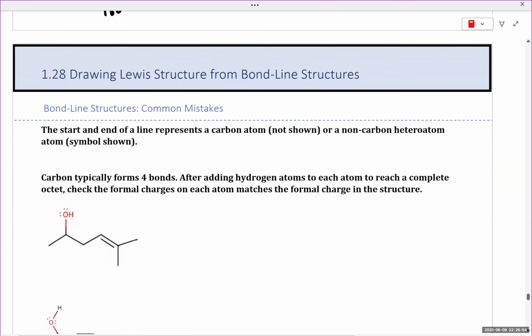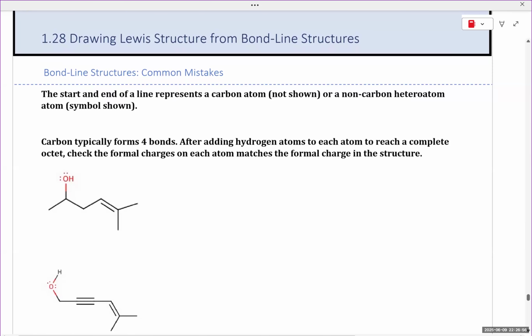In terms of drawing Lewis structures from bond line structures, there are a few common mistakes. Carbon typically forms 4 bonds. So after adding hydrogen atoms to each atom to reach a complete octet, please make sure to check that the formal charges on each atom match the formal charge in the structure.